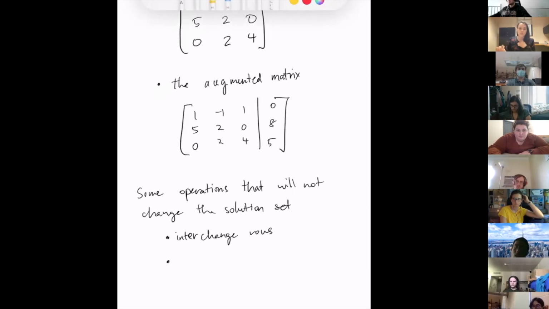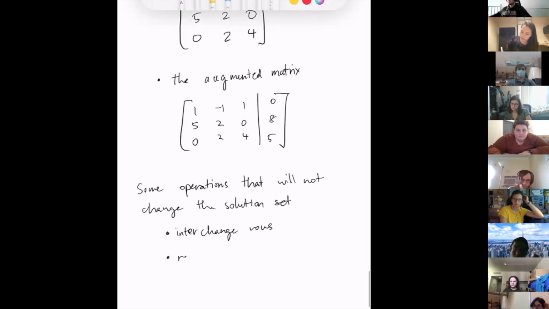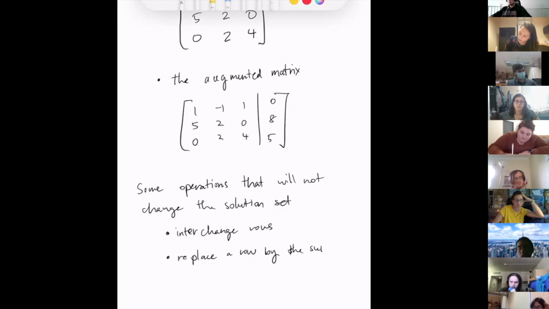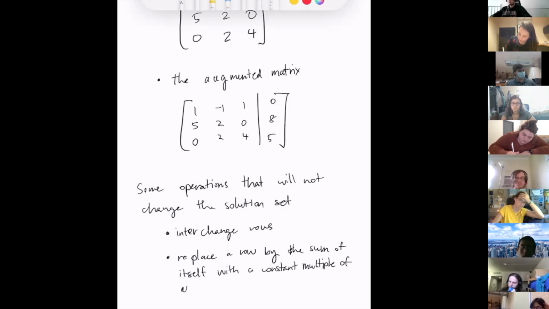So what we can do is replace a row by the sum of itself with a constant multiple of another row, right?